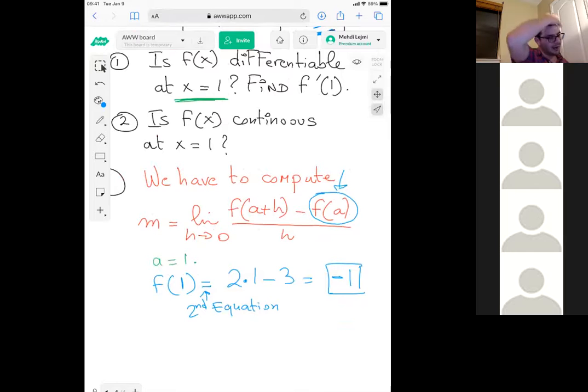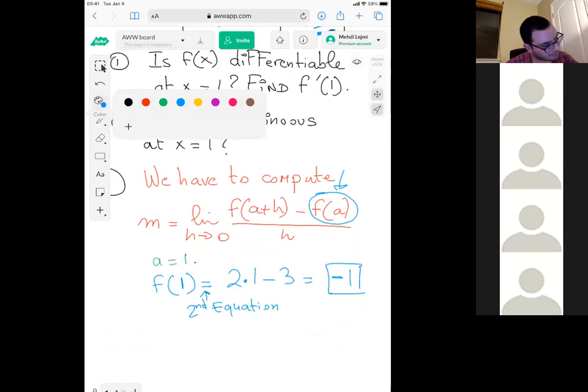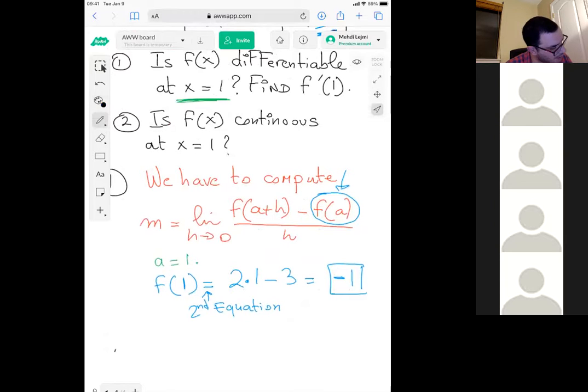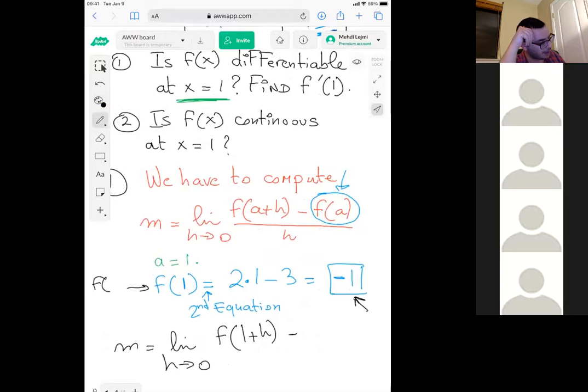Okay, so now I can compute my m. So m is limit h going to 0 of f of a plus h. A is 1, so it's 1 plus h minus f of a, and f of 1 is negative 1, so it's minus negative 1 over h, right?